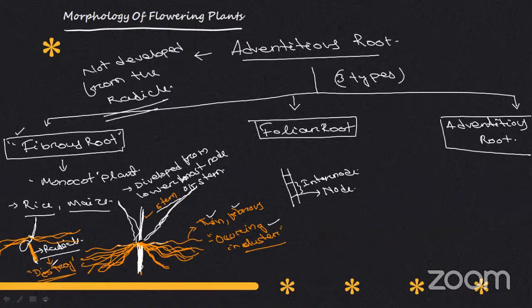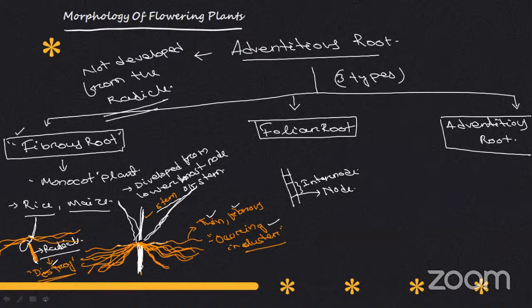In case of your monocot plant, first the radicle is formed, but after a few days the radicle gets destroyed, and the rest of the roots present here are not developed from the radicle. They develop from your lowermost node of the stem, and they are present in a cluster.